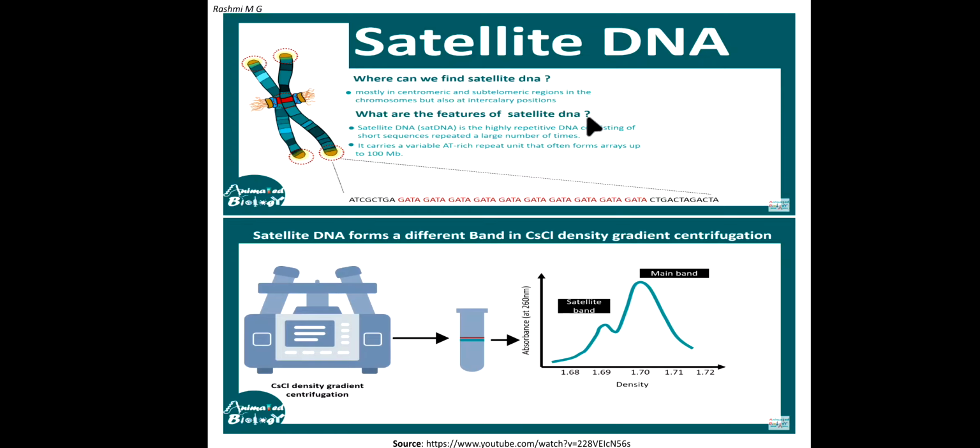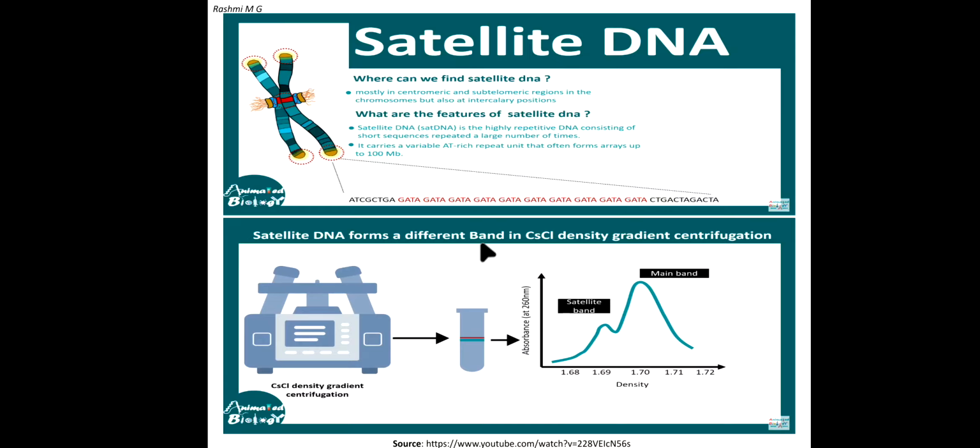What are the features of satellite DNA? Satellite DNA, that is SAT DNA, is highly repetitive DNA consisting of short sequence repeated a large number of times. It carries a variable AT rich, adenine thymine rich repeat unit that often forms arrays up to 100 Mb.